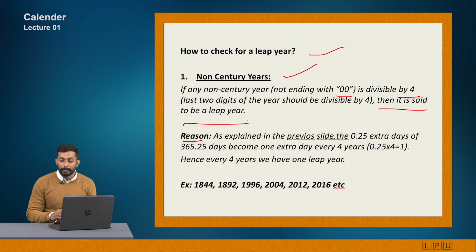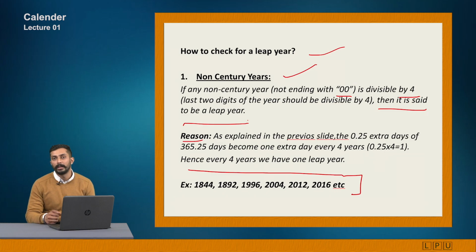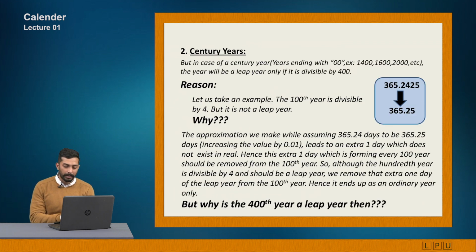The last two digits of the year should be divisible by 4. The reason, as explained in the previous slide, is that the 0.25 we get extra every year gives one extra day, and that makes a leap year. For example, 1844, 1992, 2012, 2008, 2016 are some leap year examples.